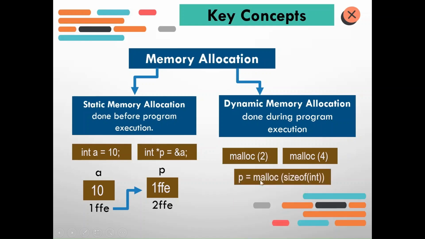The point is that you do memory allocation in terms of standard sizes or data types. So I'll be replacing these numeric values with another function in C, which is known as sizeof. So sizeof int gives you 2. So malloc 2 is equivalent to this, but written in a standard way, right?